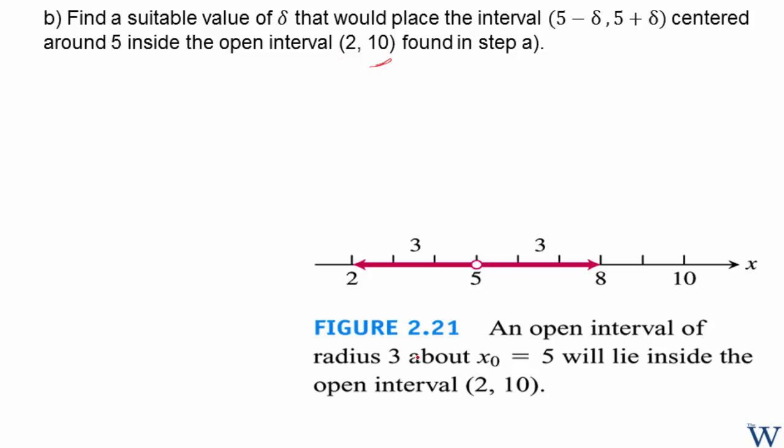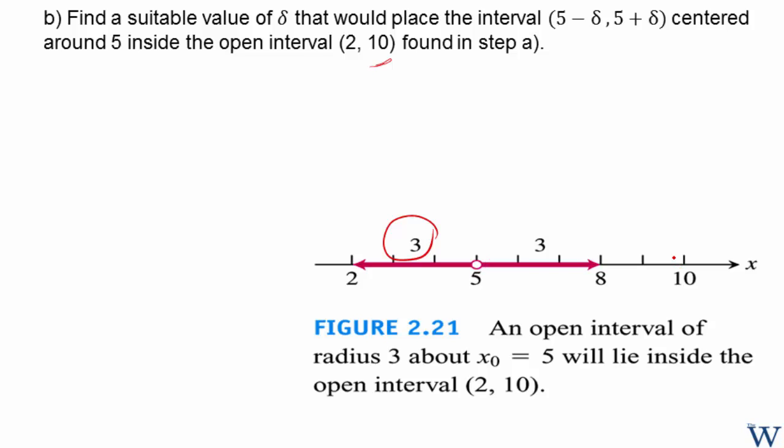Look at it this way. We have an open interval from 2 to 10. The distance from 5 to 10 is 5. The distance from 2 to 5 is 3. So naturally, we pick the smaller of the two.